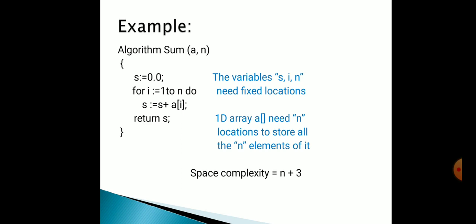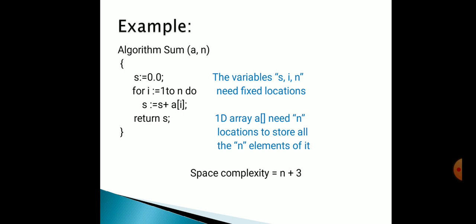So among all these 4 variables, s, i, n, these 3 come under the fixed part, and the one-dimensional array A comes under the variable part. So A needs n locations, and s, i and n need 3 fixed locations. So the total space complexity for this algorithm is n plus 3.